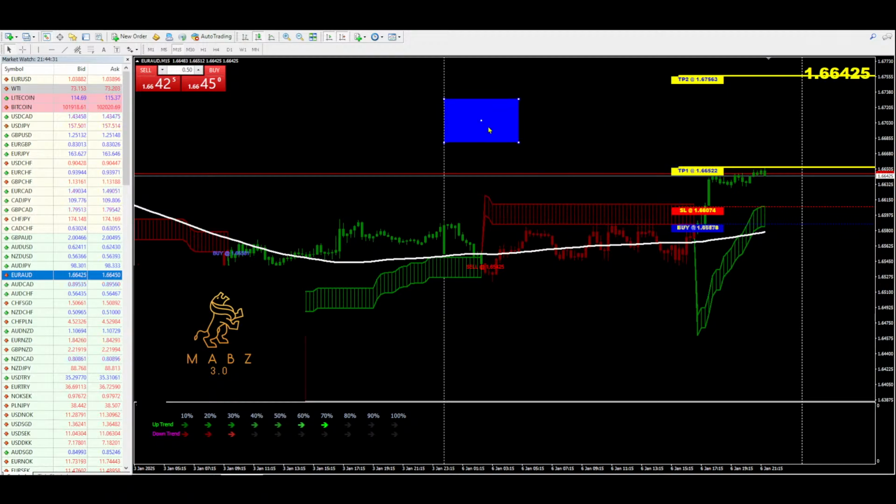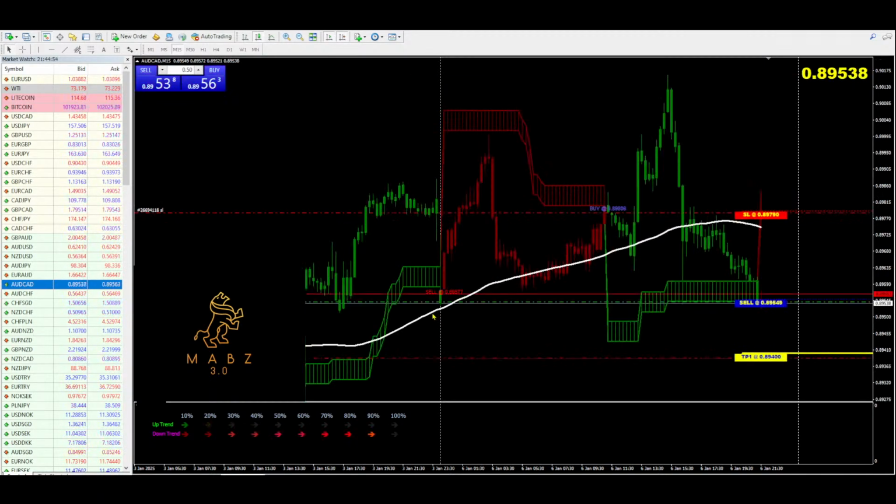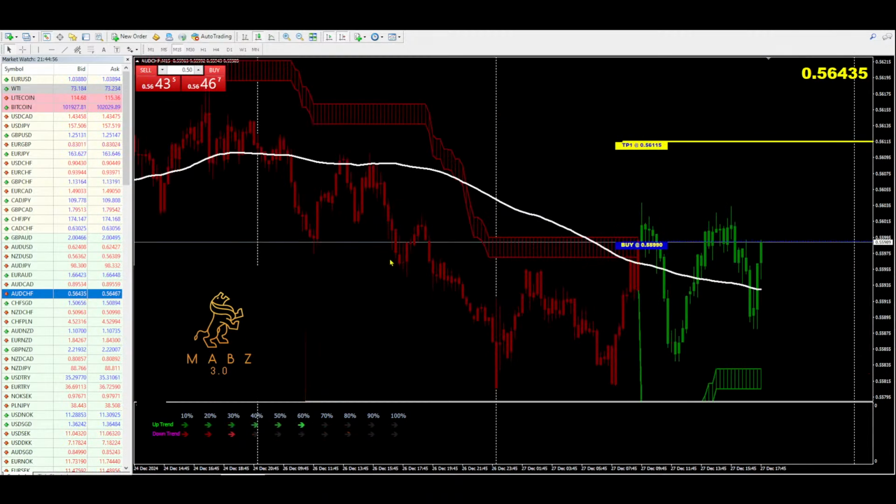It's a bullish market because the price where it currently is, is above the 100 moving average. The volatility meter at the bottom is over 70%, and then we can just go ahead and take the trade. Use TP2 or TP3, because we're already close to TP1. Then we just put our stop loss where the system tells us to, just like that, and we're done. And then we move on.